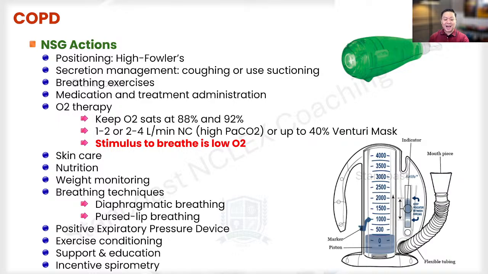Watch how they use it. Make sure that they do a tight seal around the mouthpiece, or else there will be leaking of the air. And make sure that they inhale deeply and hold their breath for at least 3 to 5 seconds.